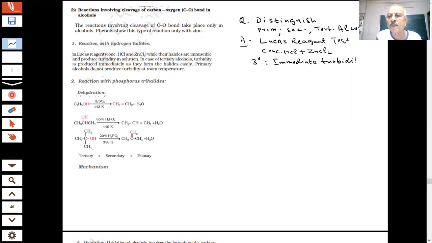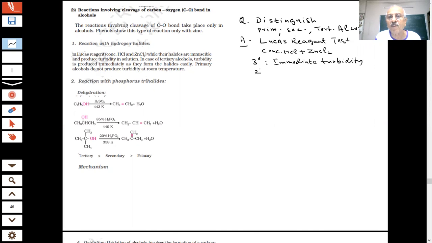If you add Lucas reagent to tertiary alcohol, 3 degree alcohol, there will be immediate turbidity. Immediate turbidity will be obtained in the test tube.